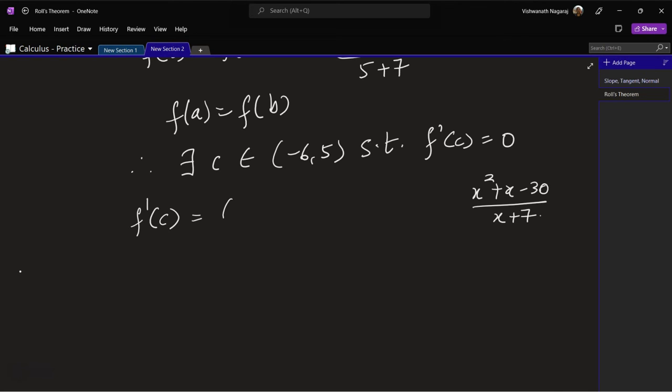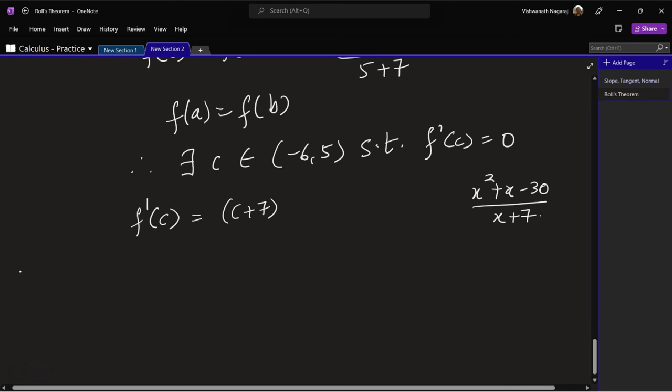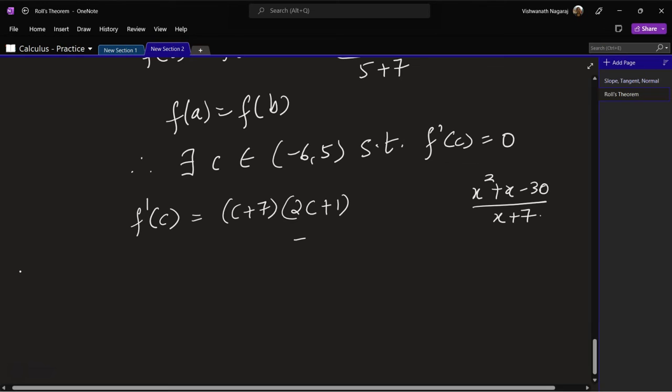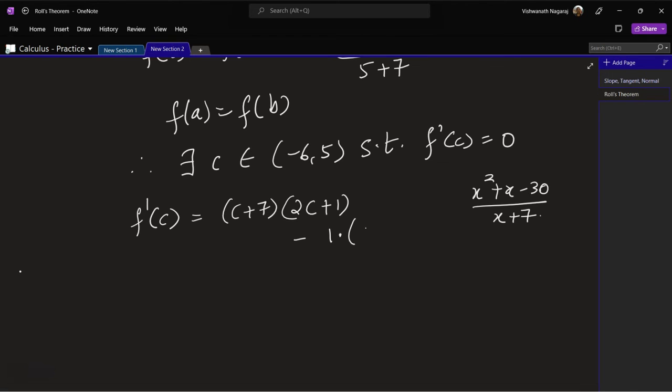So we have c plus 7 times the derivative of the numerator, that gives us 2c plus 1, minus the derivative of the denominator times c square plus c minus 30, divided by c plus 7 square, equal to 0.